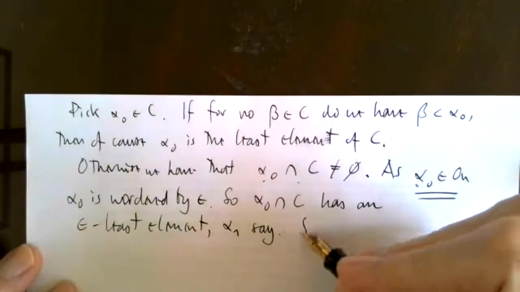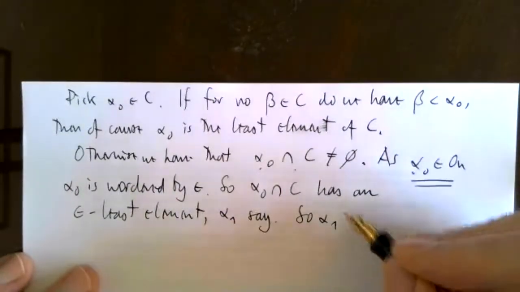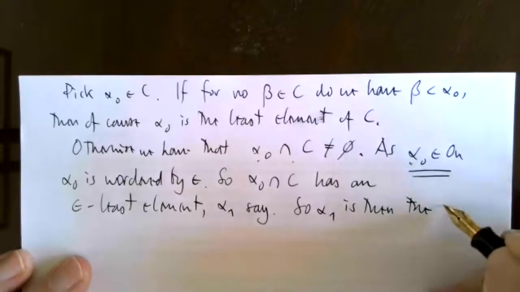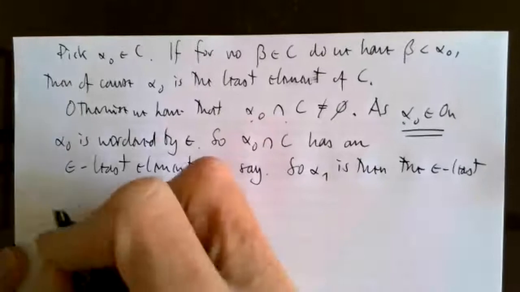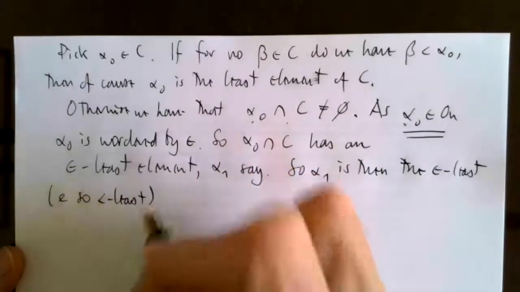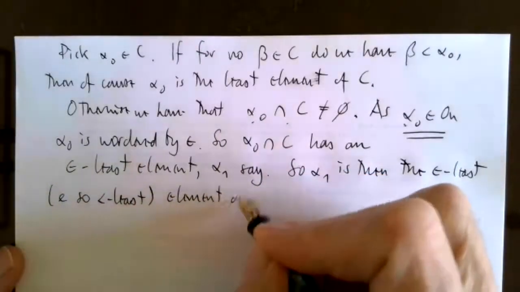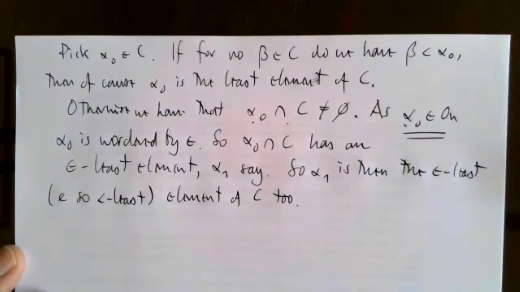So alpha 1 is then the minimal element, the epsilon least, and so less than least, because they're the same thing here, of C as well.